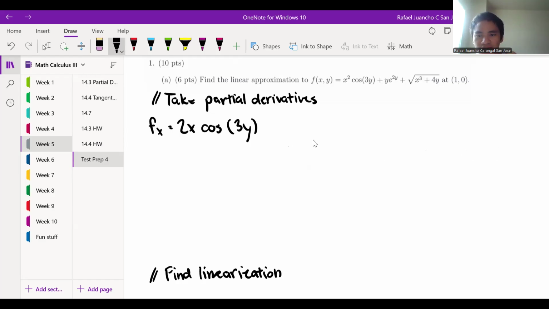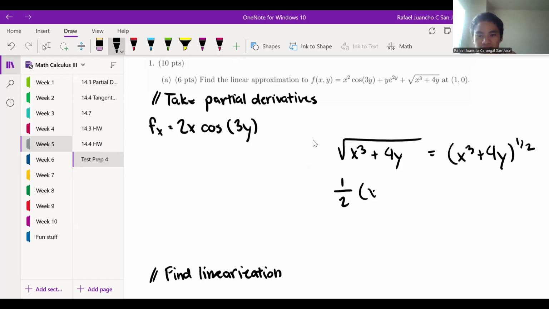Next, y e to the 2y, well, that's just nothing. Cube root, oh, no, not cube root, square root of this. Well, this is the same as this. I take the derivative. This is minus 1/2, so I'm going to say 2 cube root. So there.